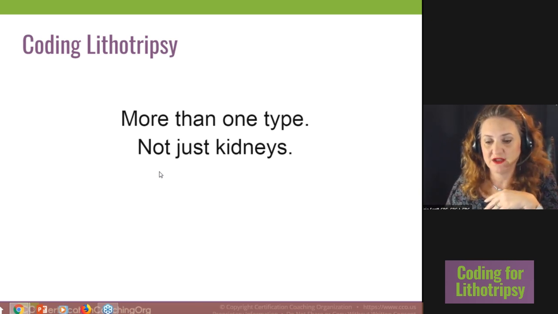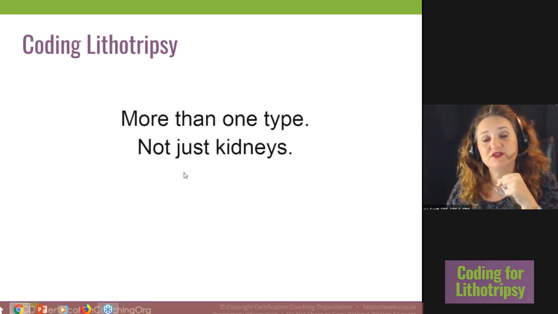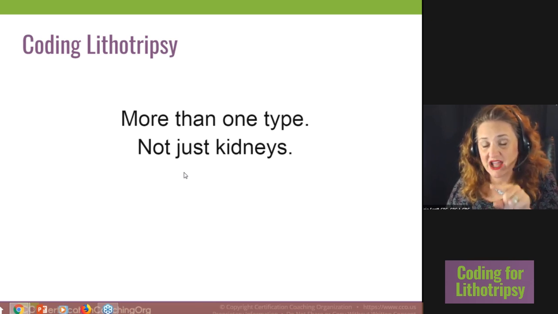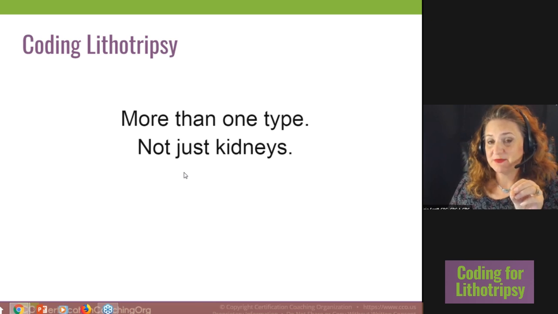And don't think that it would hurt your bones and stuff like that. No, it's a directed shock wave. Okay, not just for the kidneys. Now, everything that we've looked at so far has not given us a clue as to what code we would use for a cardiovascular lithotripsy. And I suspect that it's because you didn't know that it existed.